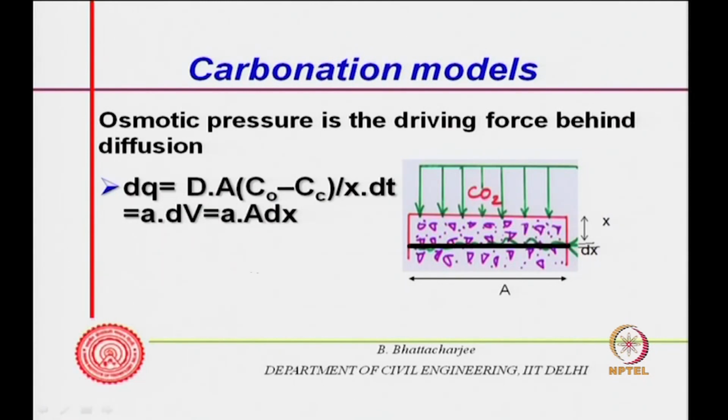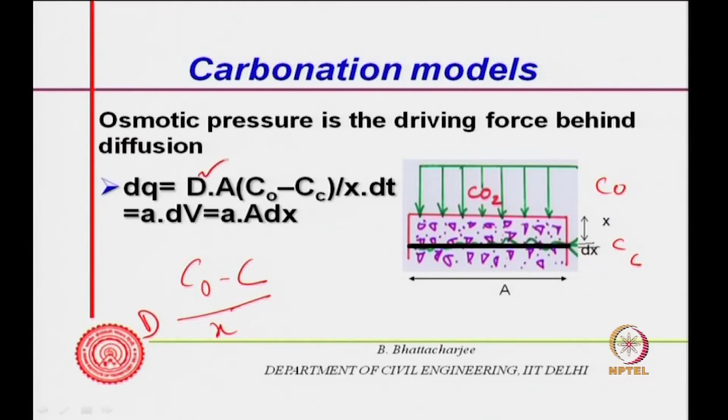So, dq, if I consider the flux: the concrete has already got carbonated up to x. So, concentration is C0 outside, and C in the concrete here. So, the concentration gradient will be given as (C0 minus C) divided by x.